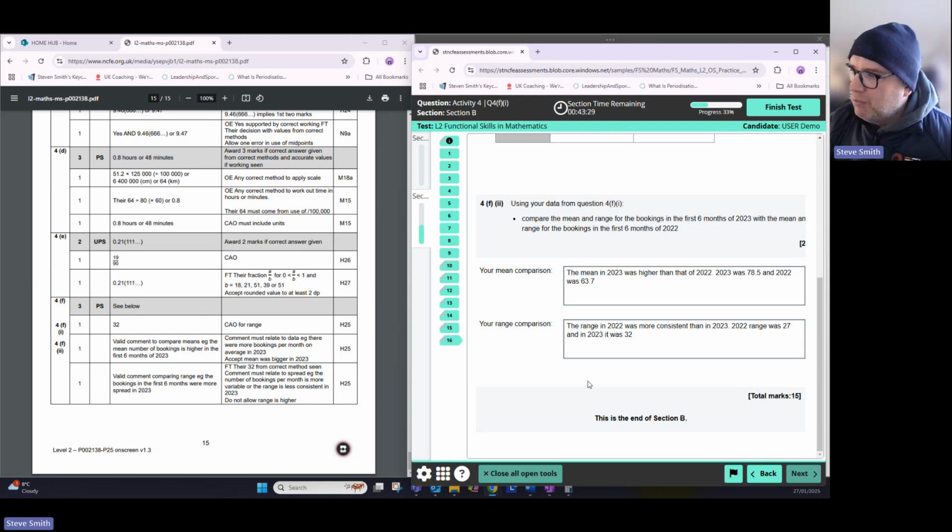We didn't write the range was higher. We wrote that the number of bookings in 2022 was more consistent. So we have the correct answer there. If you'd put the number of bookings in 2023 were less consistent, that's the same as writing they were more consistent in 2022. It's the same statement, just the other way around.